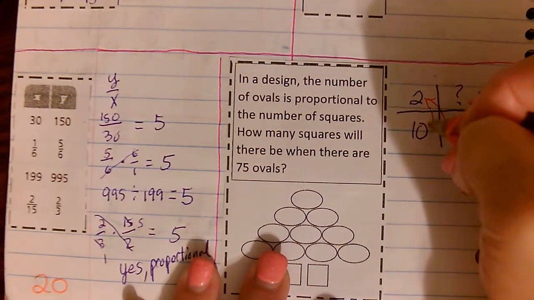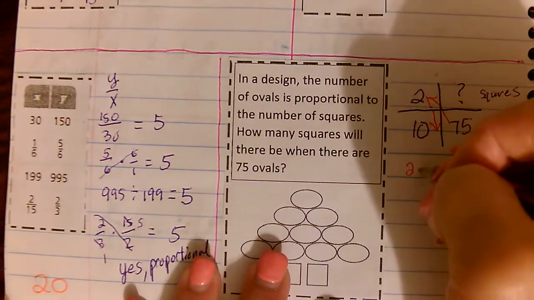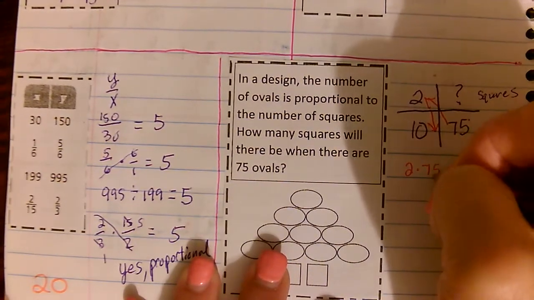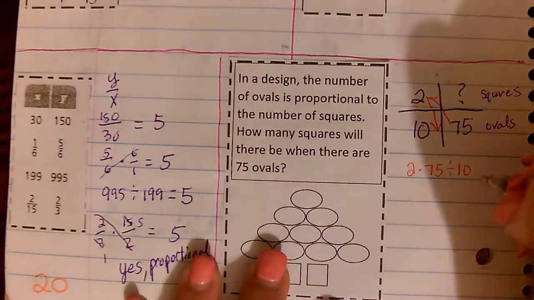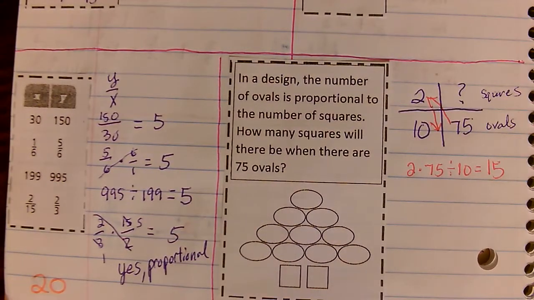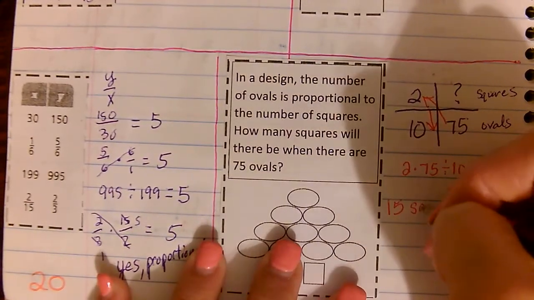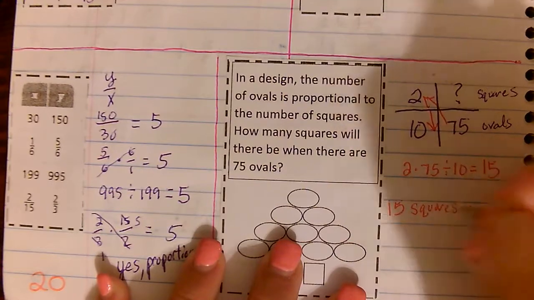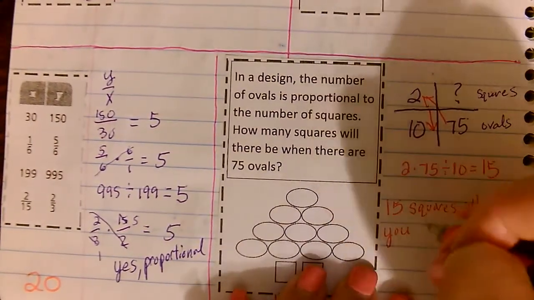And then we divide 150 by 10. And that should equal 15. So then you would have 15 squares when you have 75 ovals. So you would write that because that would be an explanation: 15 squares when you have 75 ovals.